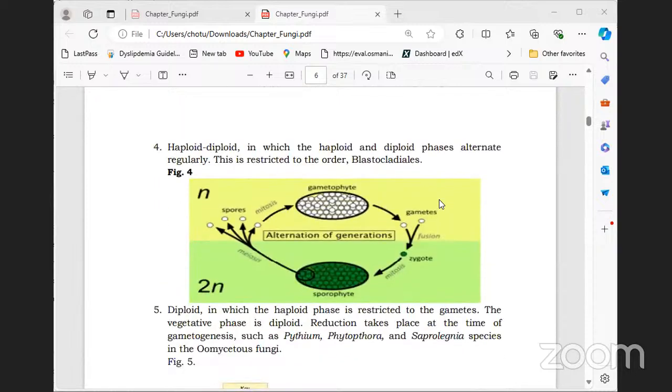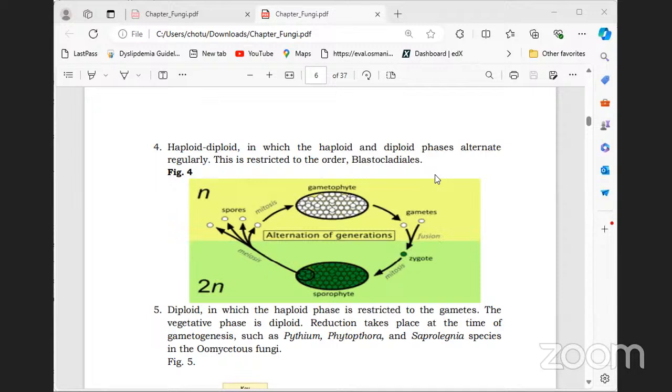Coming to another one, the fourth life cycle, haploid-diploid, in which the haploid and diploid phases are both alternating phases. You can observe this only in the order Blastocladiales. It is very rare. Haploid and diploid both are present in only one order, and you can observe them alternating very regularly.